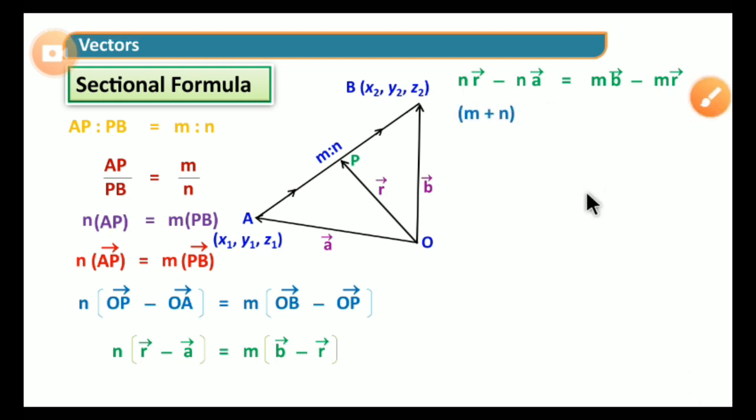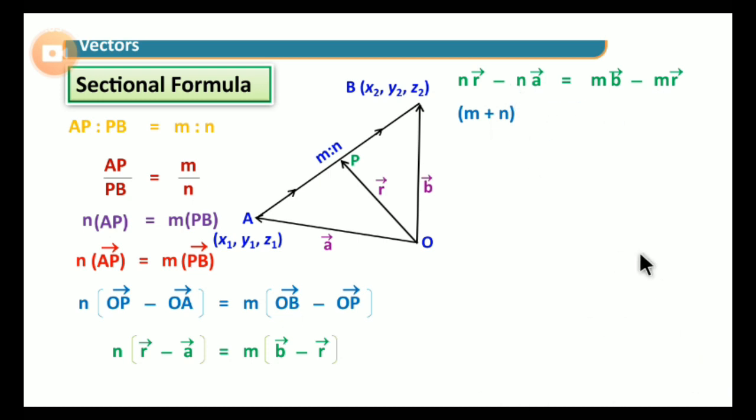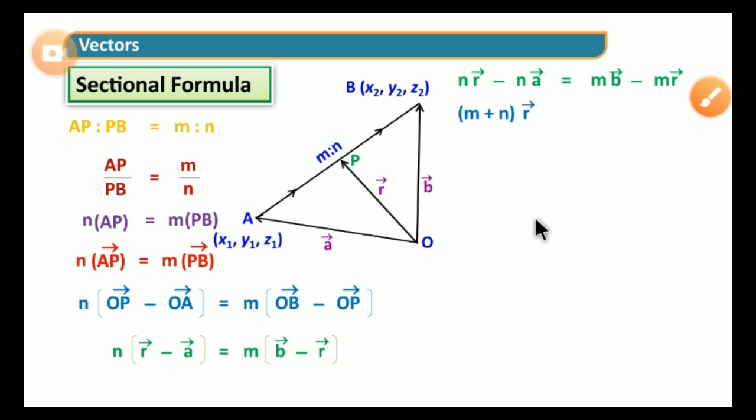So we will have m plus n, because this becomes plus on this side. We take r vector as common, so it becomes m plus n into r vector is equal to, again, m b vector plus n a vector, because this becomes plus on this side.